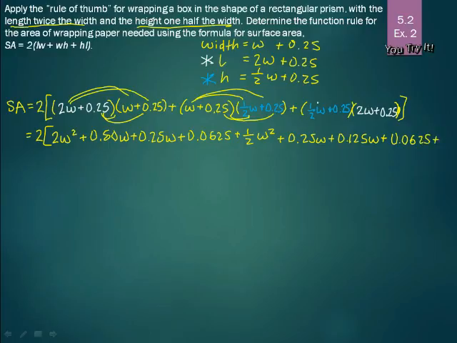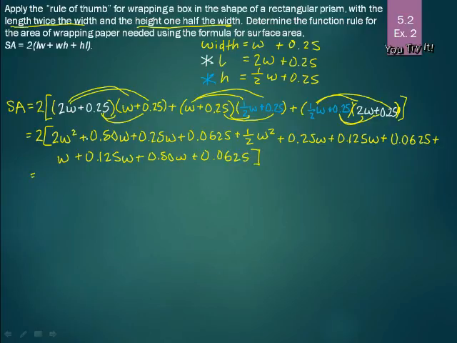Then 1/2 W times 2W is just 1 W. And 1/2 W times 25 hundredths is 125 thousandths W. 25 hundredths times 2 is 50 hundredths, and we still have the W. Then 25 hundredths times 25 hundredths is again 625 ten thousandths. All right, wow, that was not very pretty.